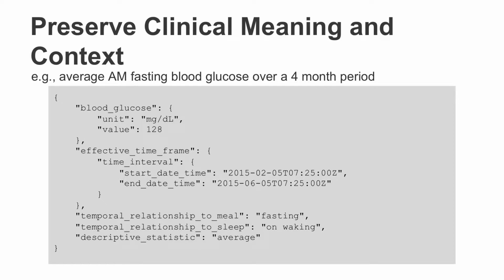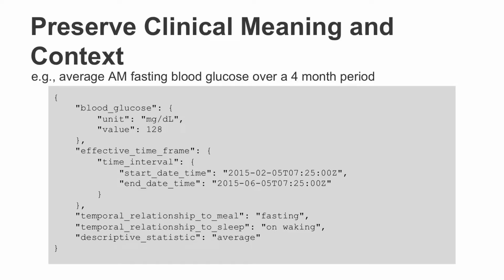So here, let's say I can give you a blood glucose number of 128 milligrams per deciliter, okay? Well, clinically, that doesn't really mean anything to me. I can't act on it because I need to know a lot more. For example, if the number 128 is actually the average AM fasting blood glucose over a 4-month period, if that number 128 goes far and wide, all this other stuff needs to go with it, okay?